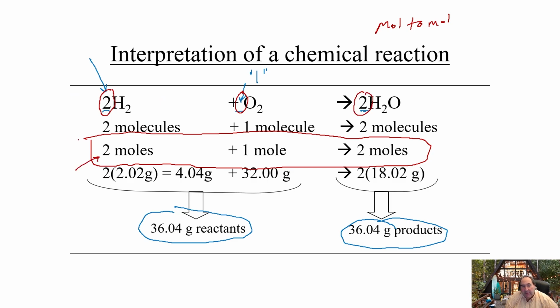We could say that for every 2 moles of H2 that we put in, it will react with 1 mole of O2 and form 2 moles of H2O. That is the relationship that we're going to use strictly when we do stoichiometry problems. As we can see here, it comes from the balanced equation, which is why the first thing that you do is make sure that the equation is balanced.